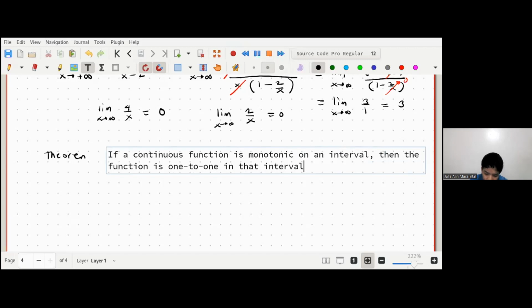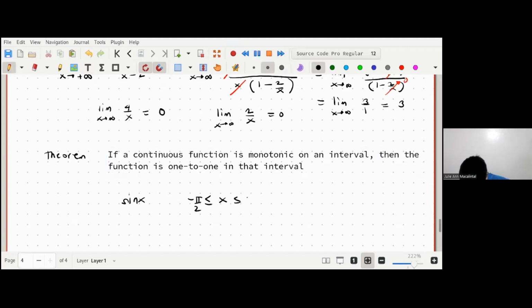So, yung example dito, yung sine of x. Yung kanina. Sine of x within the interval minus pi over 2 to pi over 2. If you look at the graph, purely increasing siya. So ito, definitely, one-to-one siya.